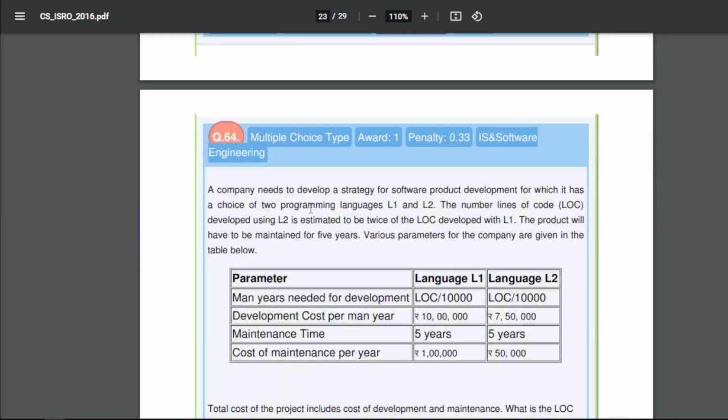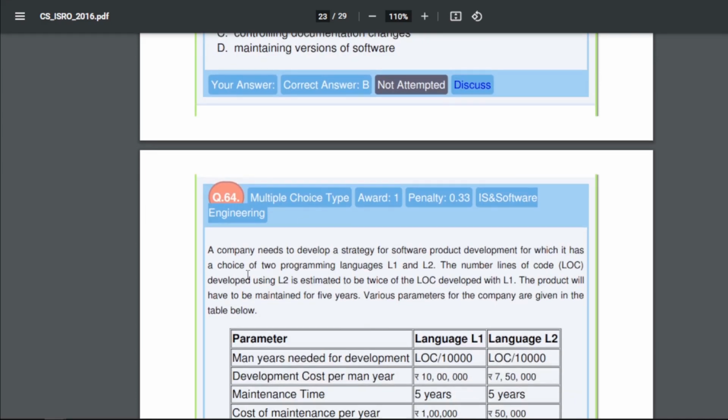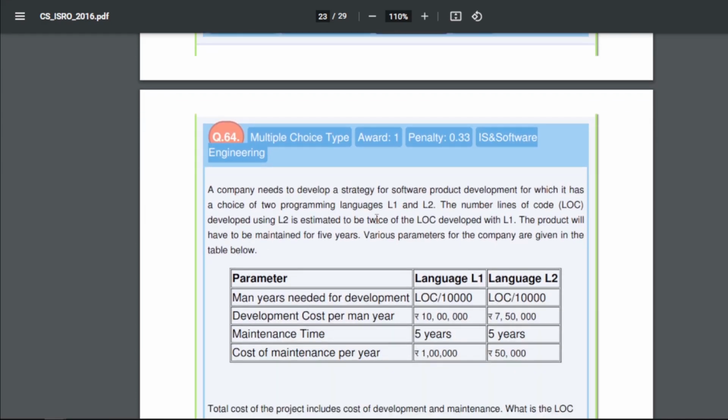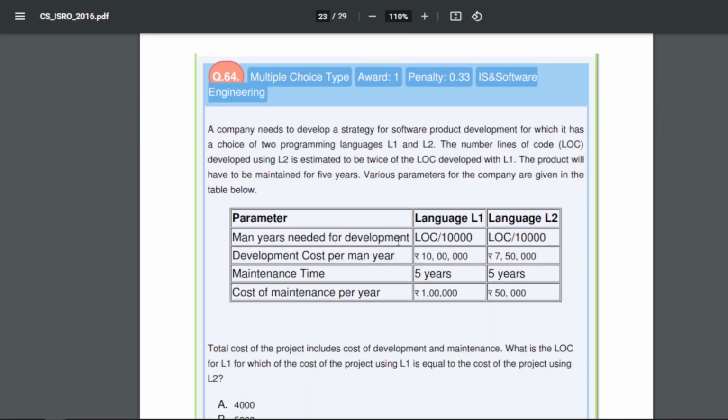Question number 64 is, a company needs to develop a strategy for software product development for which it has a choice of two programming languages, L1 and L2. The number of lines of code (LOC) developed using L2 is estimated to be twice the LOC developed with L1. The product will have to be maintained for 5 years.